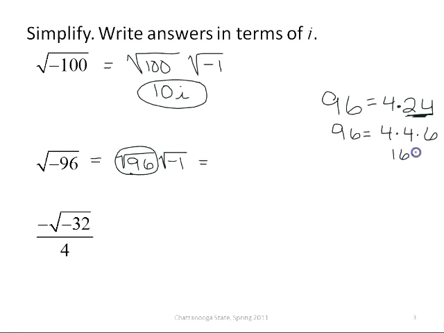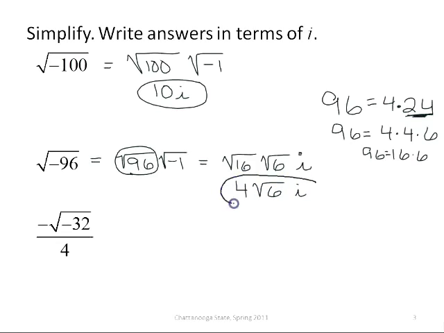So if I think of that 96 as 16 times 6, then I can break this down into the square root of 16 times the square root of 6 times that square root of -1, which is i. So the square root of 16 is 4, the square root of 6, and then the i. So the square root of -96 is 4 times the square root of 6, i.